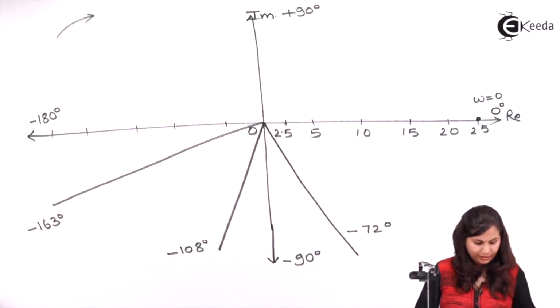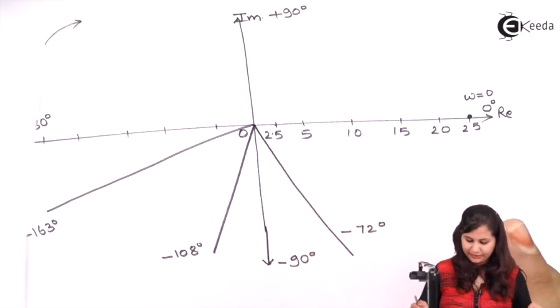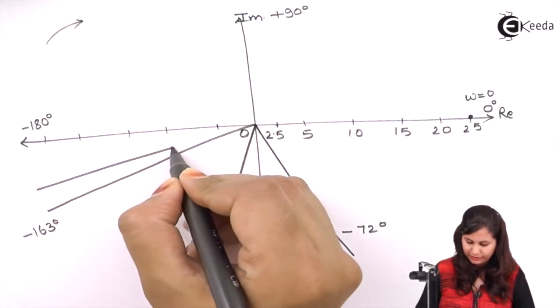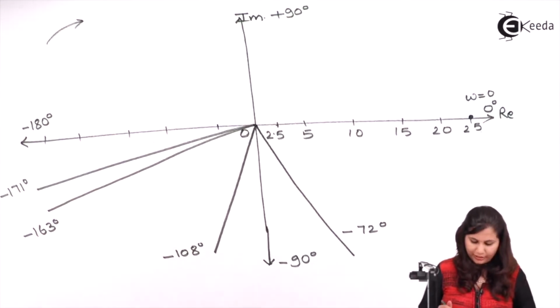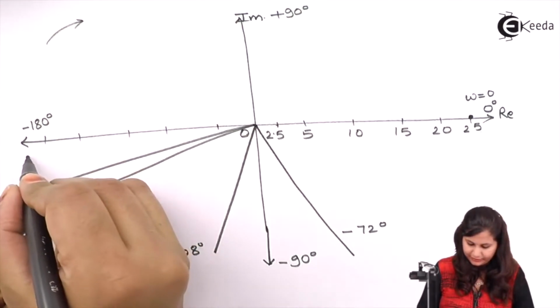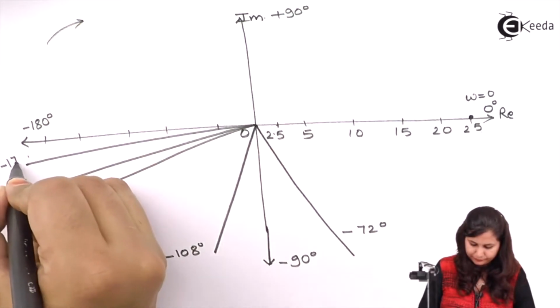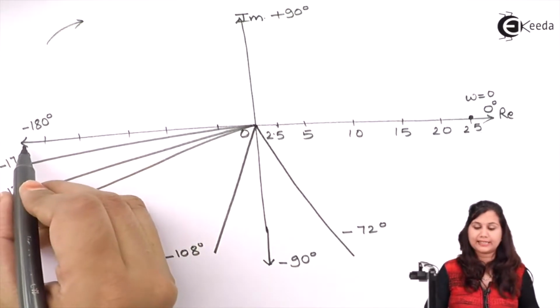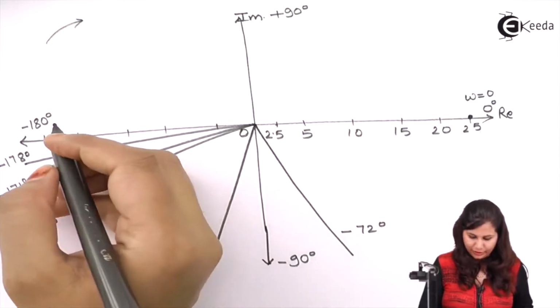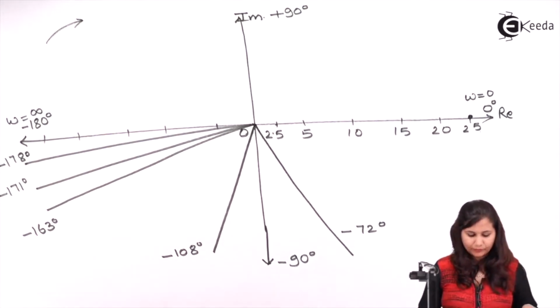Then for omega equals 20, phase angle is minus 171 degrees. Then for 100, we have minus 178. And for omega equals infinity, the phase angle is minus 180 degrees.